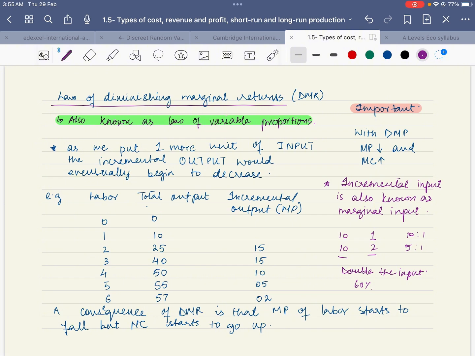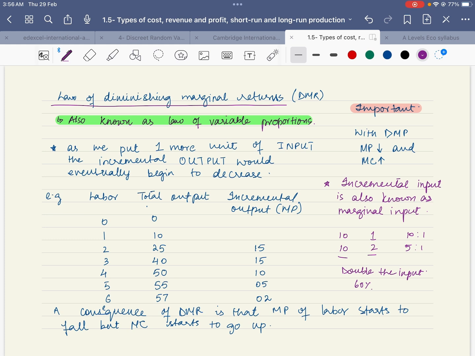Now, in such a case, for example, if you are putting in more units of labor in an industry where they require a lot of labor to work on machines, the machines are not free and the labor is sitting idle, obviously the productivity is coming down and eventually the incremental output would be less. This is a very logical and practical scenario.